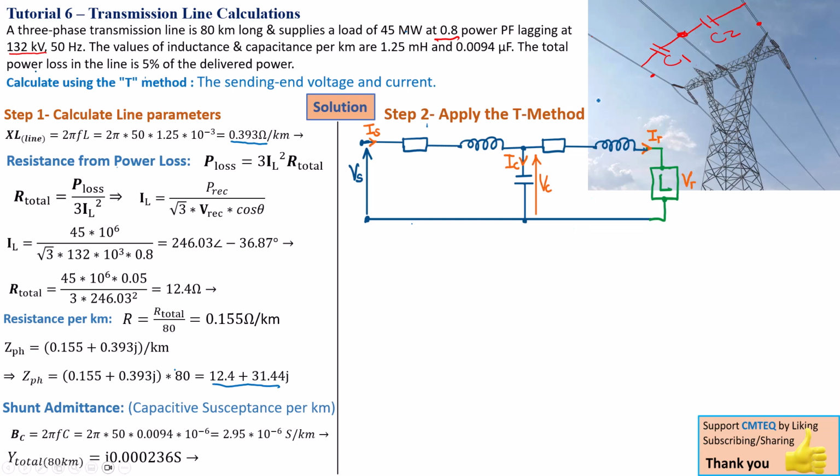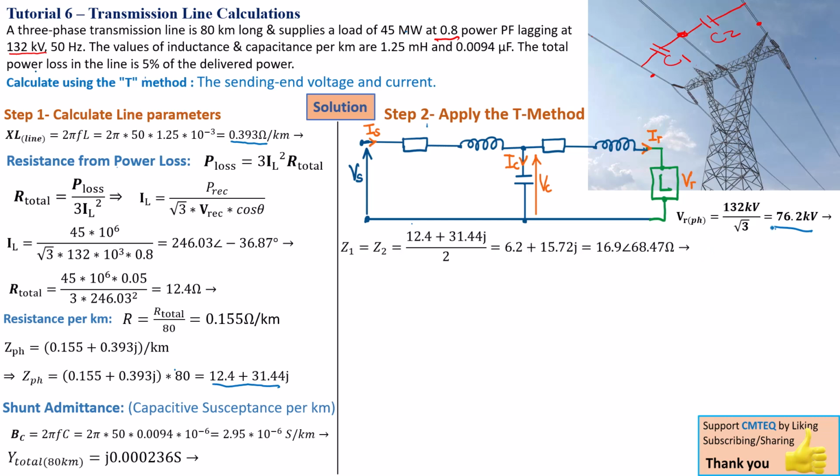So which then means our phase voltage here is 132 kilovolt divided by the square root of 3, so that's about 76.2 kilovolt, and the impedance divided by 2, that's basically 6.2 plus j15.72. So this basically means here you've got 6.2 ohm and here you've got about 15.72j, and the same thing is here, 6.2 and 15.72j.